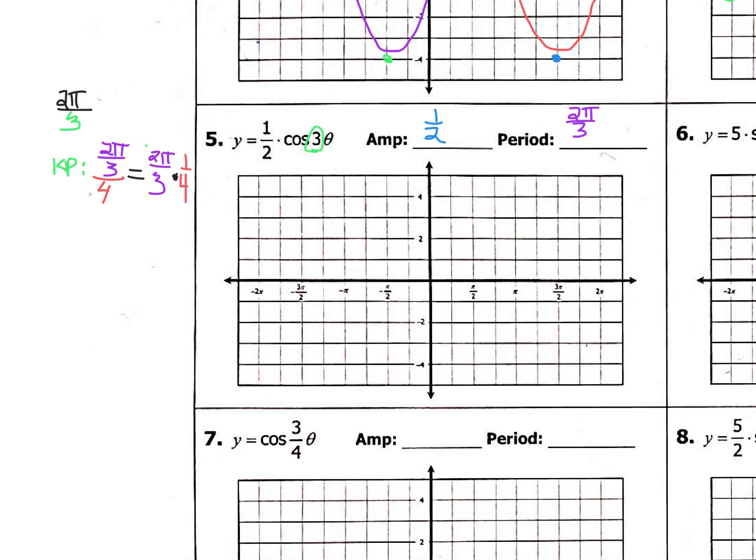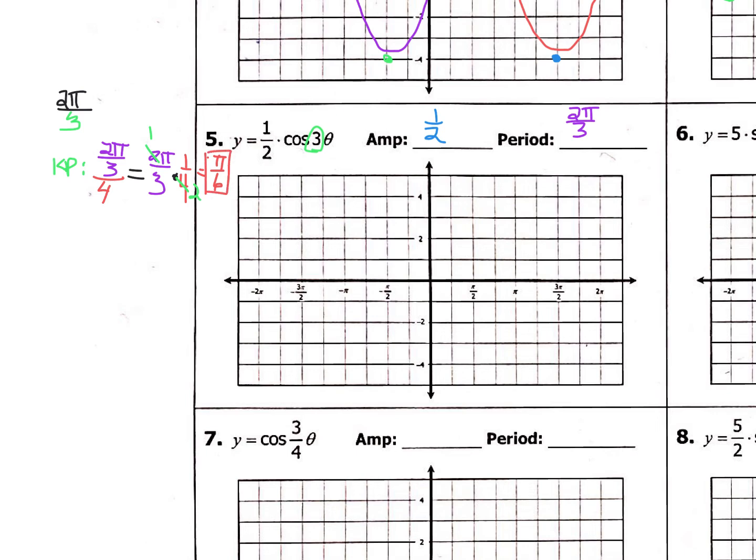So I can cross reduce, 2 goes into 2 once and into 4 twice. And so I end up with a key point, I'm going to count by, let's see, 1 times 1 times pi. So I've got pi over 3 times 2 is 6. So we're going to count by pi's over 6.